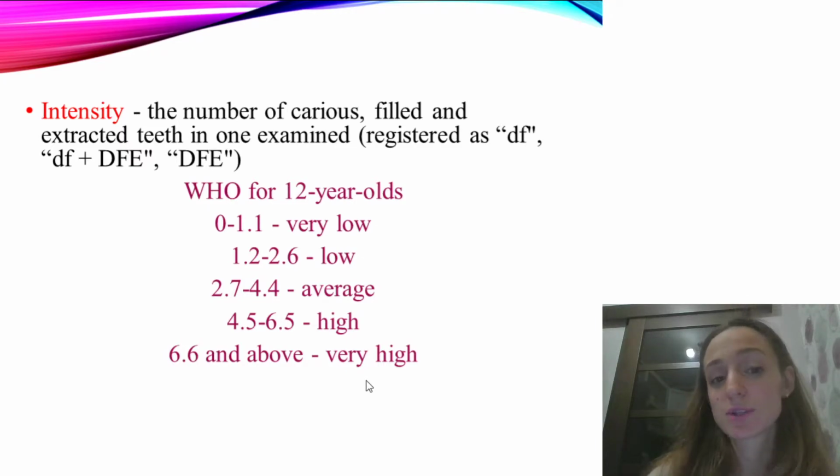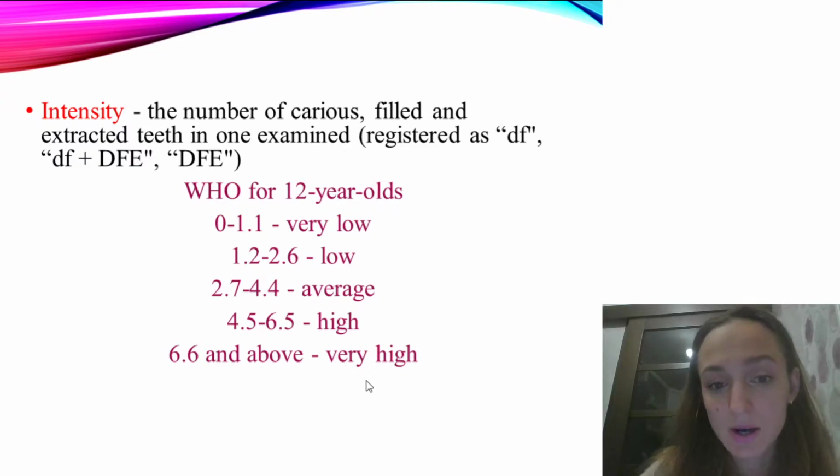For example, for df you should add 5, and we can see 2 decays in the permanent first molars, so you add 5 plus 2 and we have 7. It will be the intensity. And for only permanent bite, DFE, for example, 2 decays, 3 fillings, and 1 extracted tooth, you add 2 plus 3 plus 1 and you will have 6. It will be the intensity.